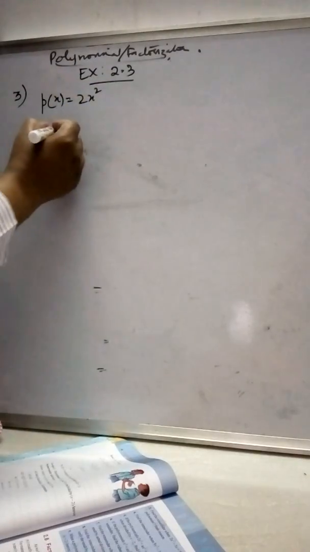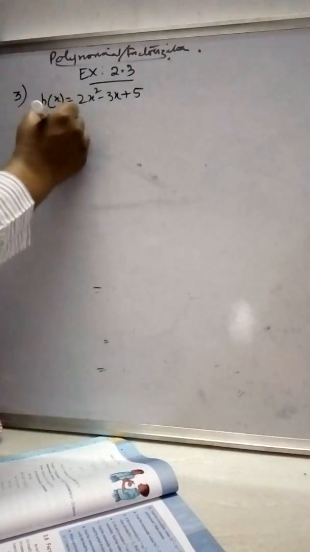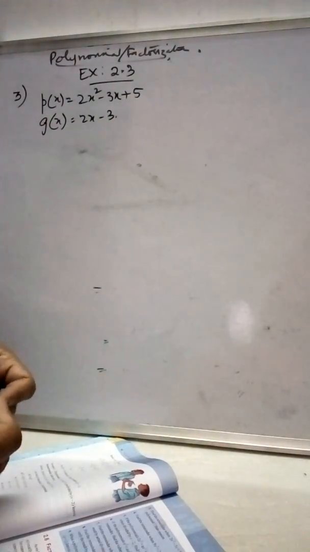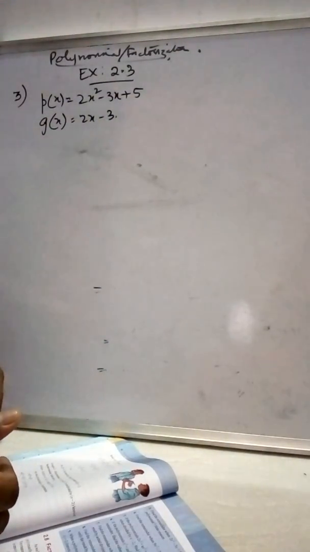So I'm taking this as p of x, which is equal to 2x square minus 3x plus 5. And I'm taking g of x as 2x minus 3. He's asking me to find whether this g of x exactly divides p of x or not. If it is not dividing, give the reason.